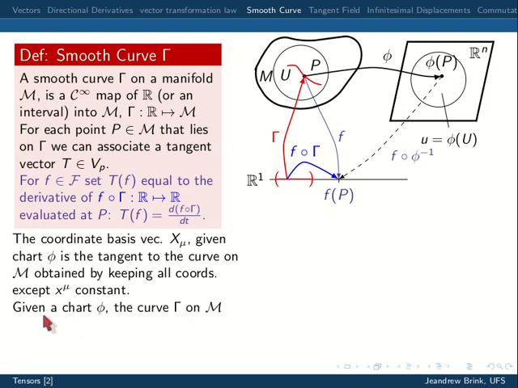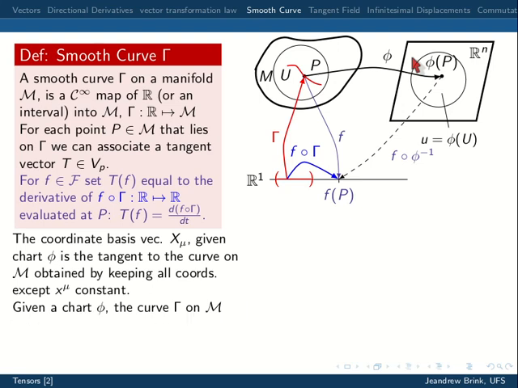Okay, so if we have this chart phi, the curve gamma on M will also map out a curve in Rn. So we have this curve over here, and if we use the chart, we can map every point on this curve onto a curve over here.